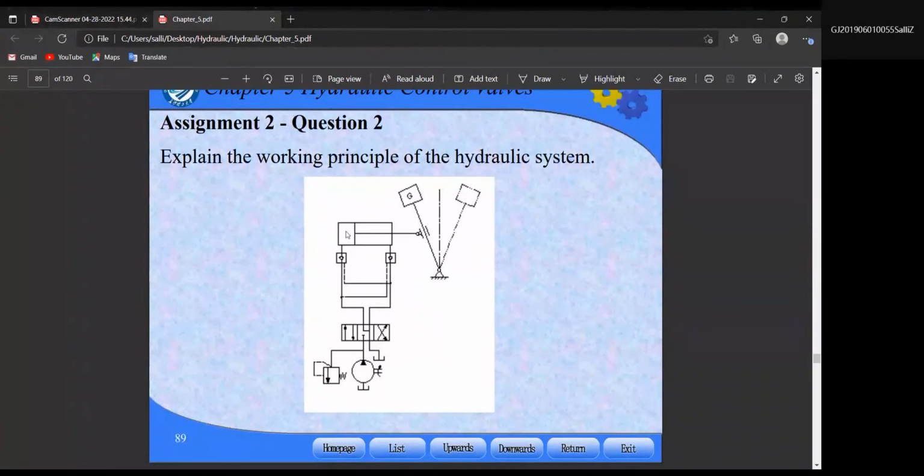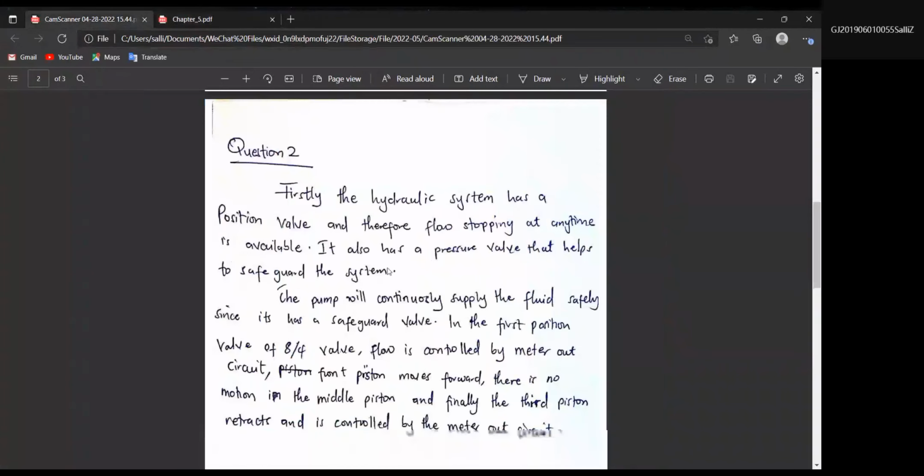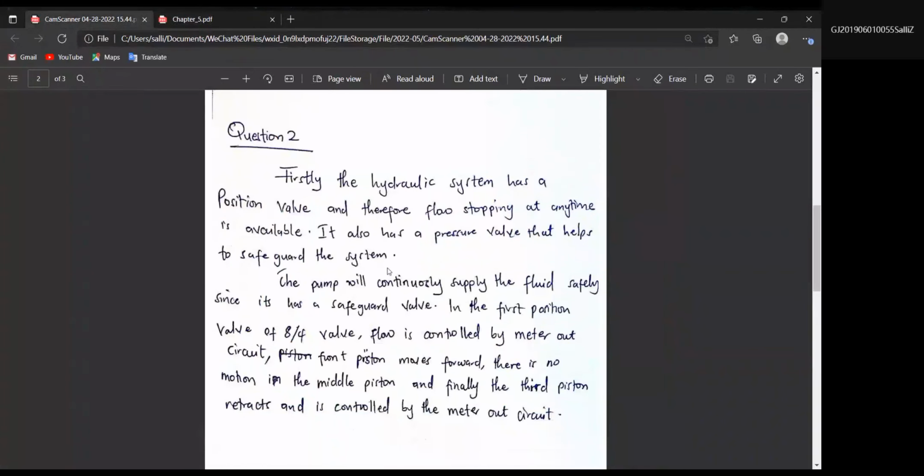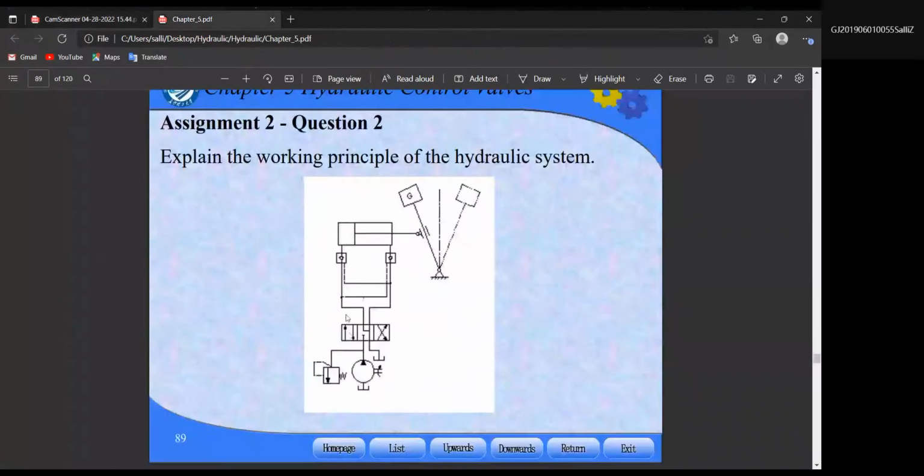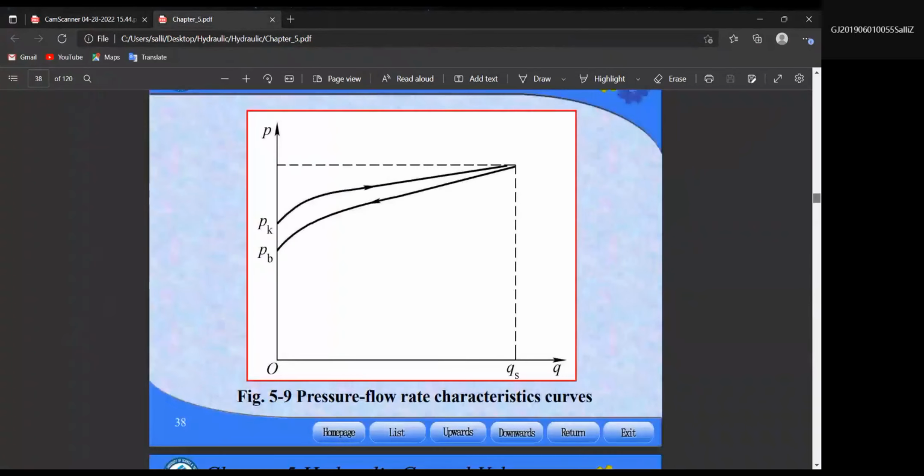When we look at this hydraulic system, firstly it has a position valve, and therefore flow stopping at any time is available. This valve is a four-way valve, and if you look into the PPT, we can even see it here.